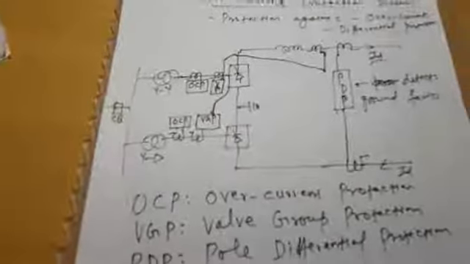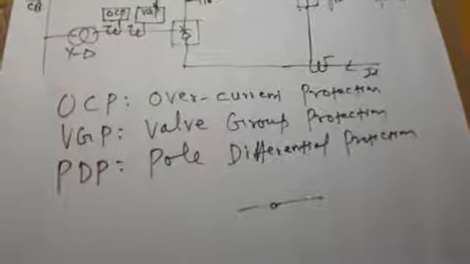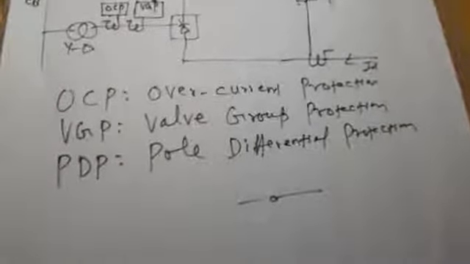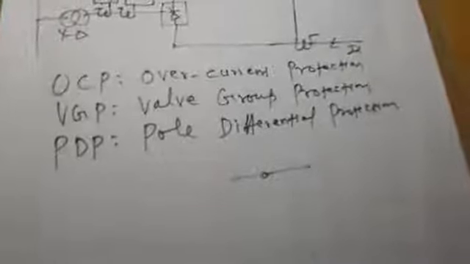And apart from OCP, VGP and PDP, control of converter valves using special control techniques will also result in maintaining DC line current constant even during these faulty conditions. So this is about overcurrent protection.